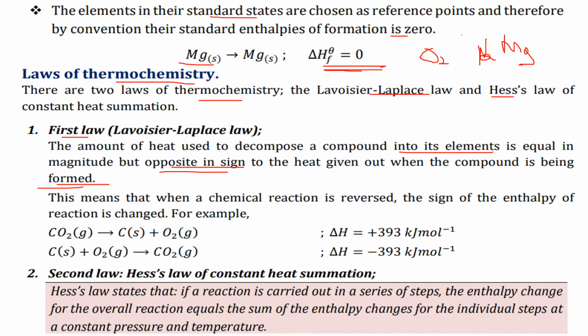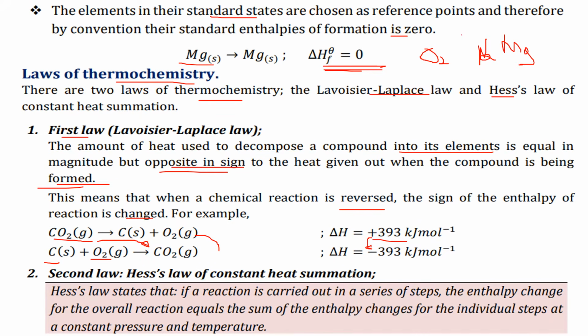This means that when a chemical reaction is reversed, the sign of the enthalpy of reaction is going to be changed. For example, if you have carbon dioxide decomposing to give carbon and oxygen, the sign is going to be positive. But if we reverse this reaction, with carbon reacting with oxygen to form what was our reactant before, carbon dioxide, then the sign changes from positive to negative.